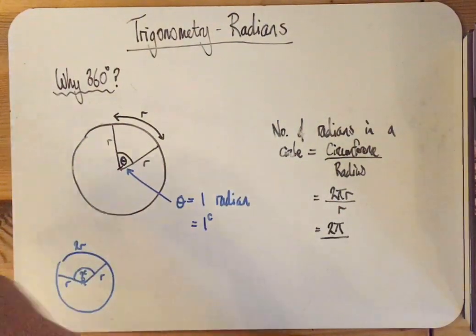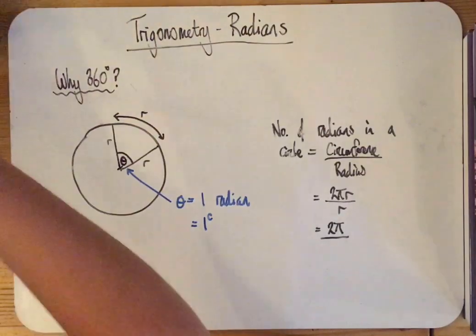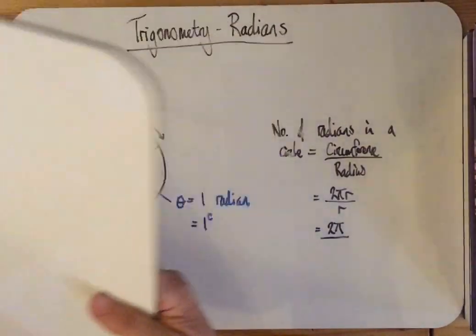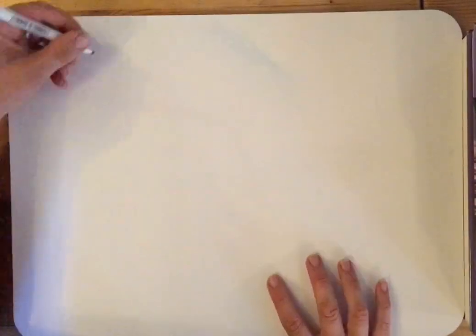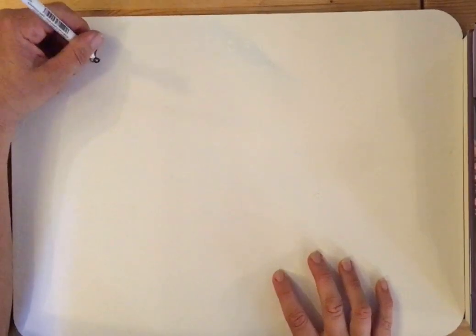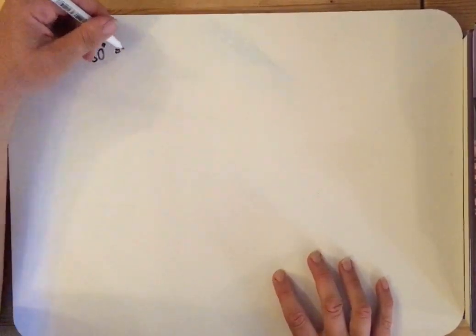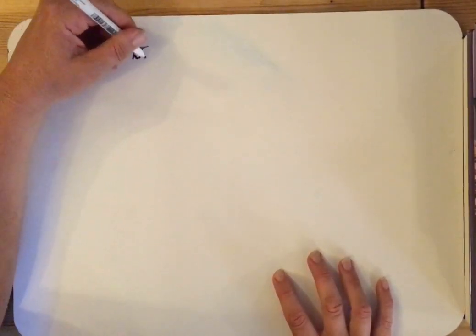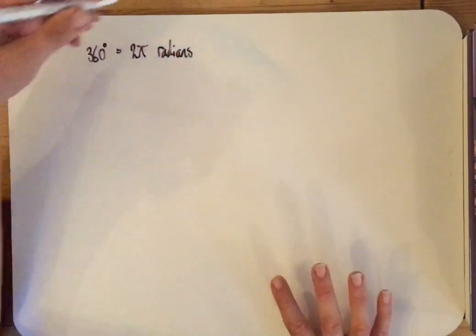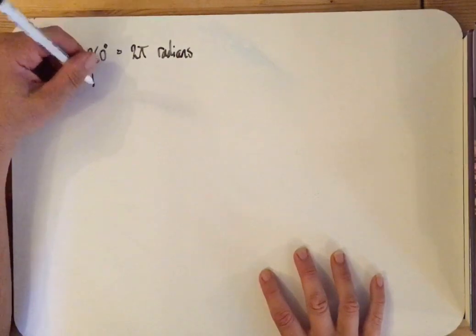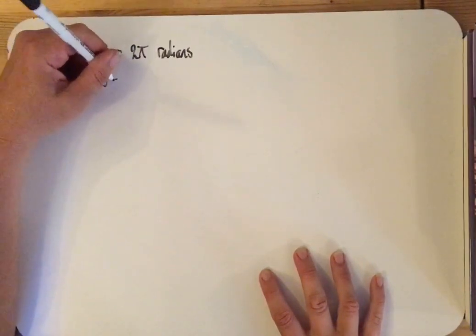So it follows that 360 degrees is 2 pi radians. You can see why we don't use these in everyday life. But they're much better for use in maths, as you'll see as we go through this next year actually. 180 degrees is pi radians.